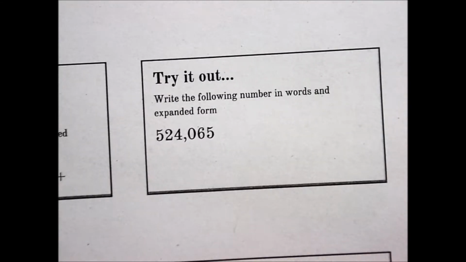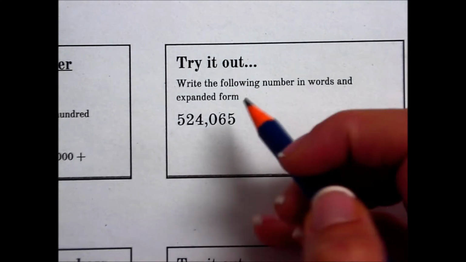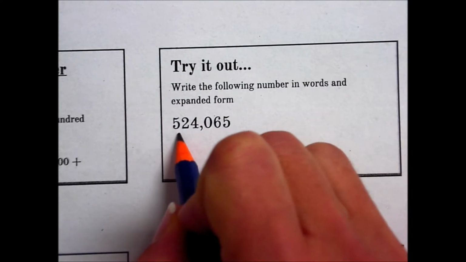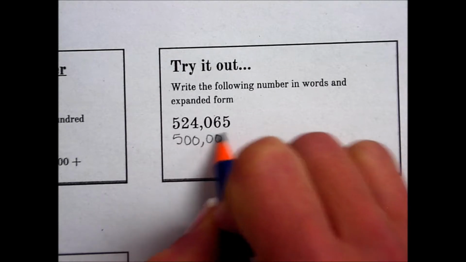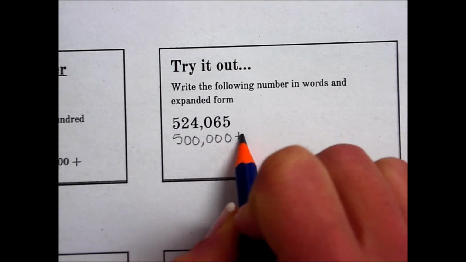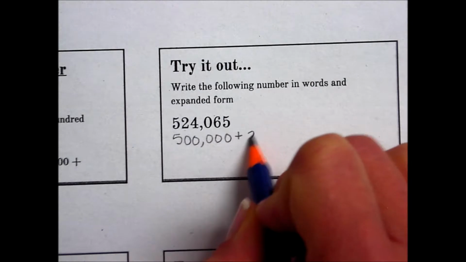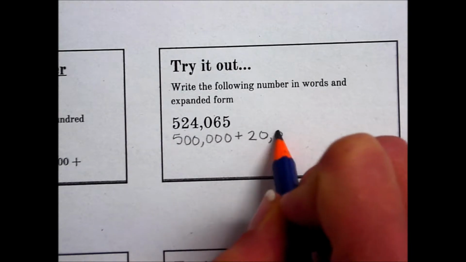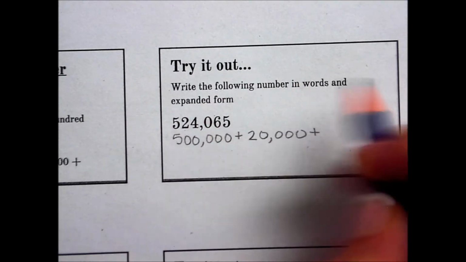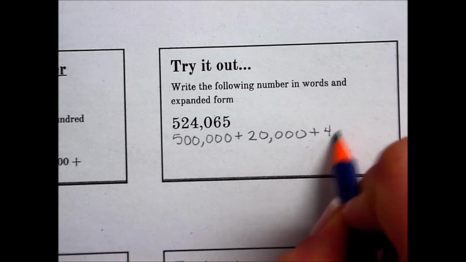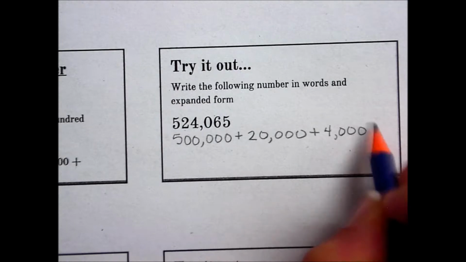In this problem, we'll write the following number in words and in expanded form. We'll start by expanding the number. I write the 5, everything else becomes a 0. Add a plus sign. The next digit is a 2. Everything else becomes a 0. Add a plus sign. The next digit is 4. Everything else becomes a 0.